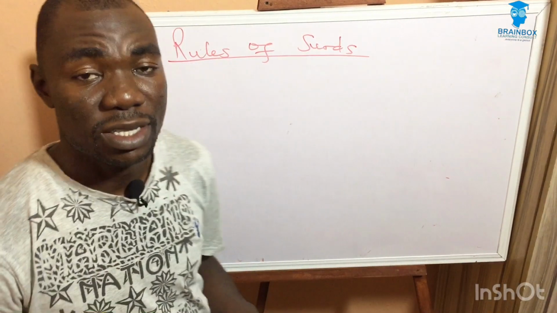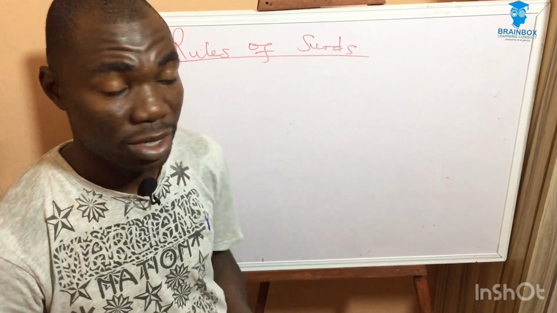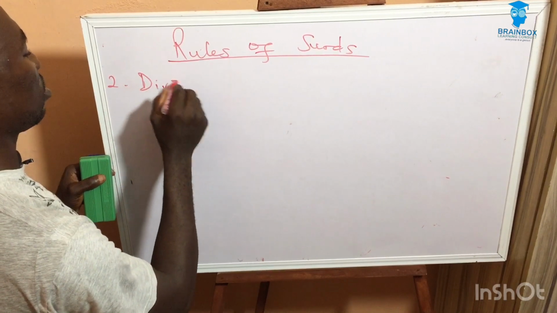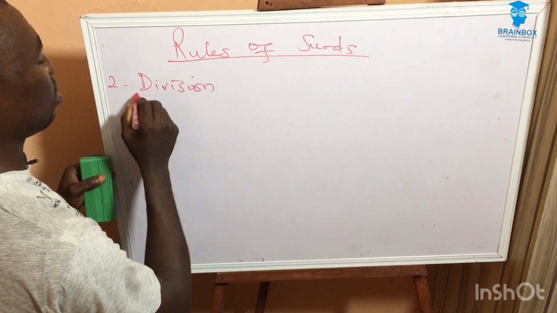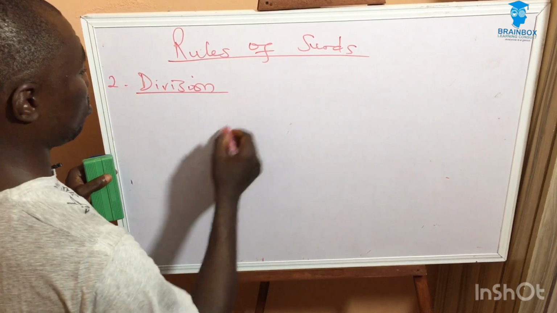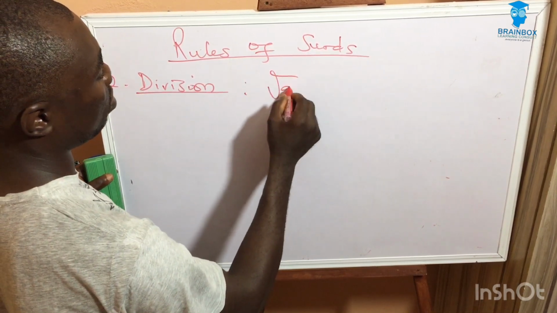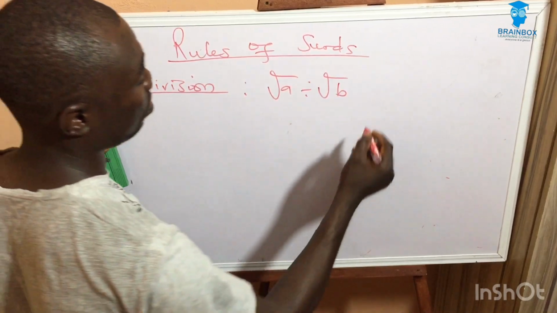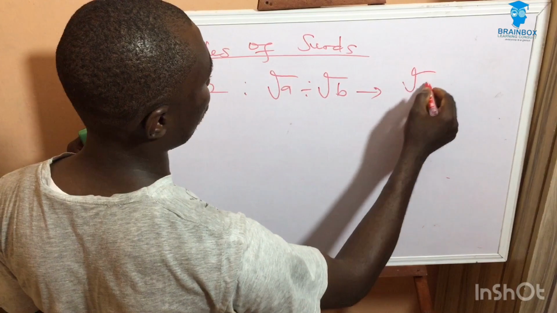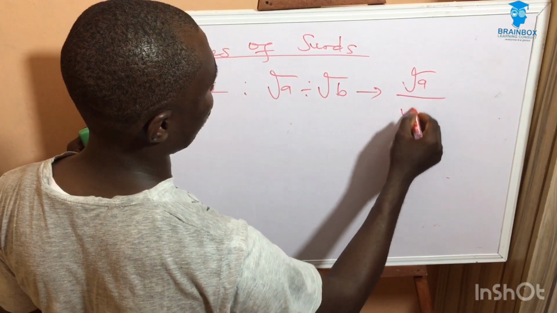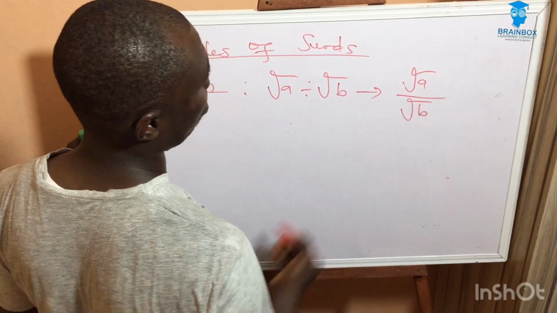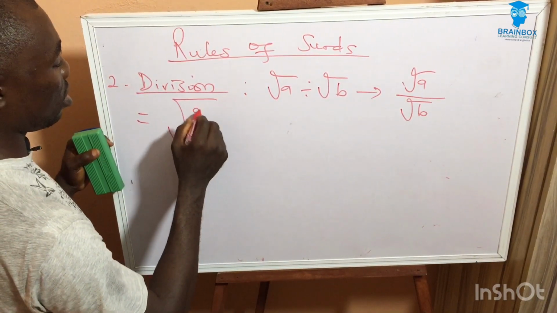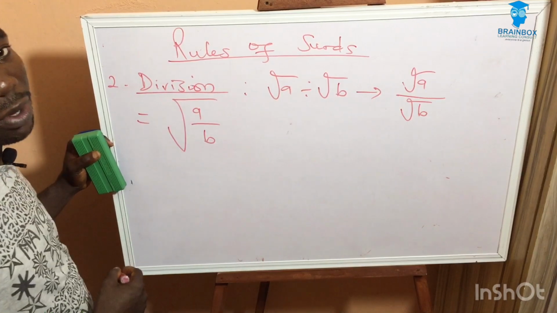So we'll be talking about the division rule right away. In the division rule, we can say that root a divided by root b is the same thing as root a over root b, which can also be root of a over b.